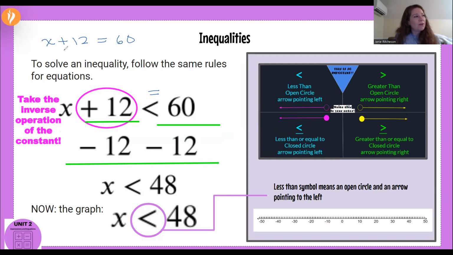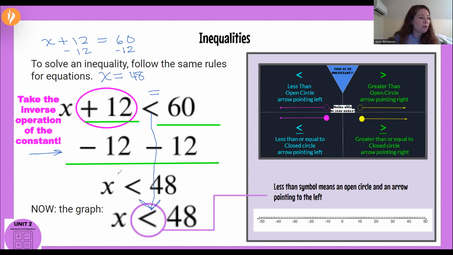What's the opposite of plus 12? Minus 12. So that's what they do here. They're bringing that inequality sign down. The only difference in our answers is they bring that inequality sign down instead of equals.